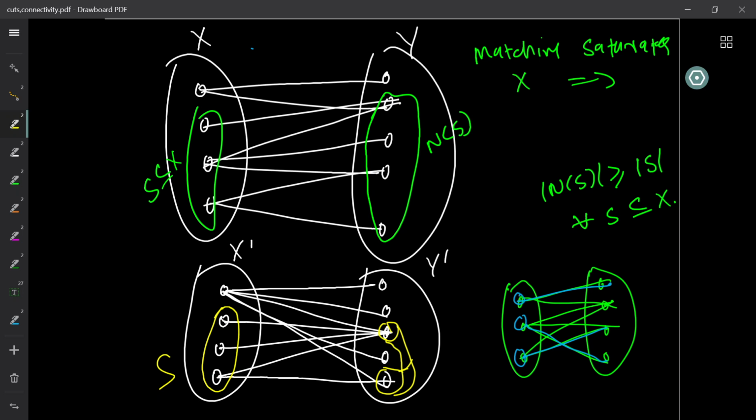I claim that if this property is not true, then there is no matching which saturates X'. One can see why that should be the case.